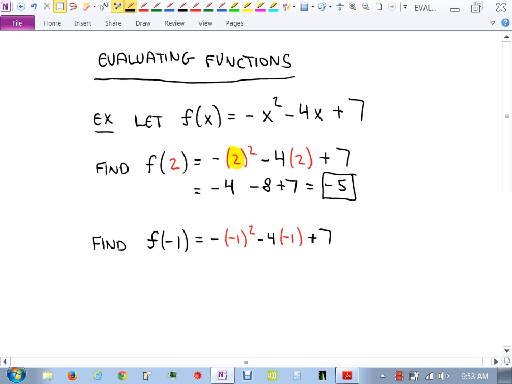So now that negative 1 is actually going to get squared first, right? What's negative 1 times negative 1? Positive 1. But then there's a negative in front of it. So it's going to basically remain a negative 1. Then plus 4, plus 7. So what do we got here? 10. Okay.